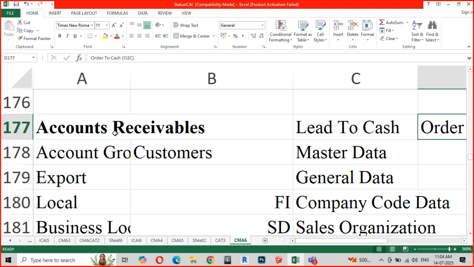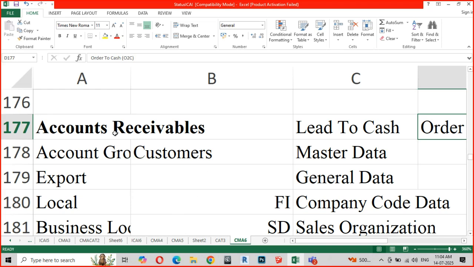Just like we categorized our vendors into imports and local, based on geographical location or business volume, the same logic applies to your customers also. Absolutely no difference.